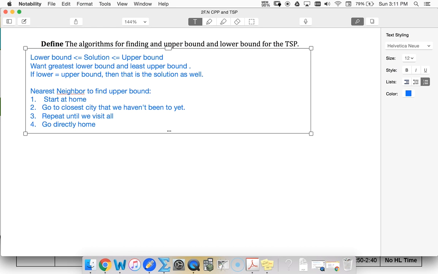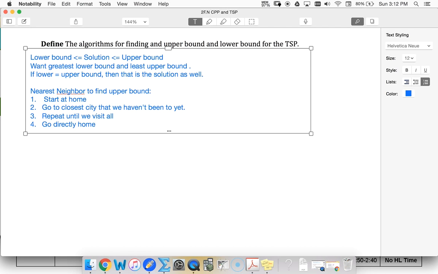So this also would have to mean that we have a connection from the last city we visit back to our home base. So if you're having to test out the nearest neighbor algorithm without knowing what your home city is, you would have to make sure that from whatever home city you choose, there is a Hamiltonian cycle that will get you back to your home city.